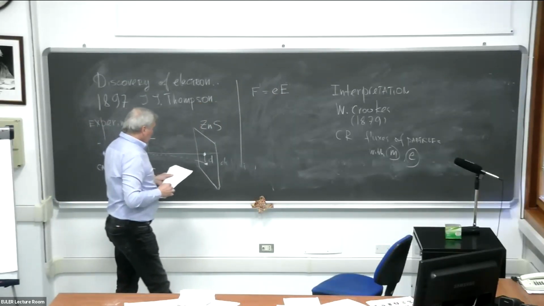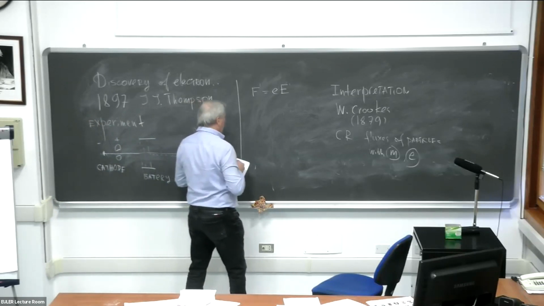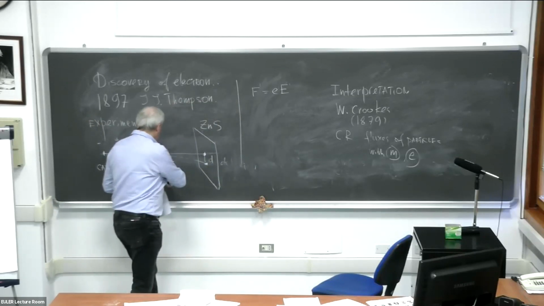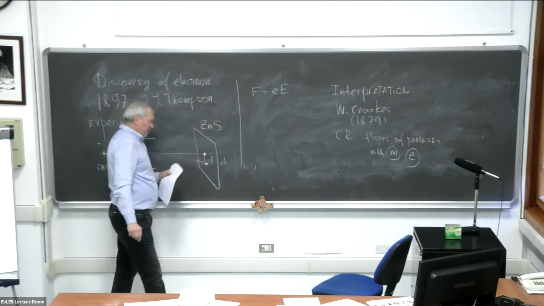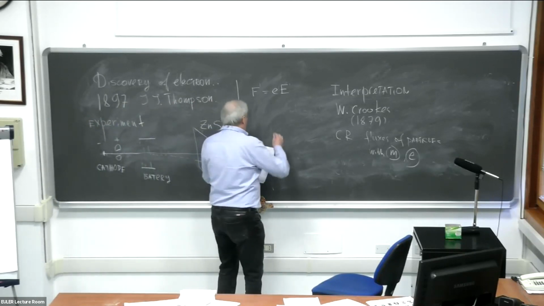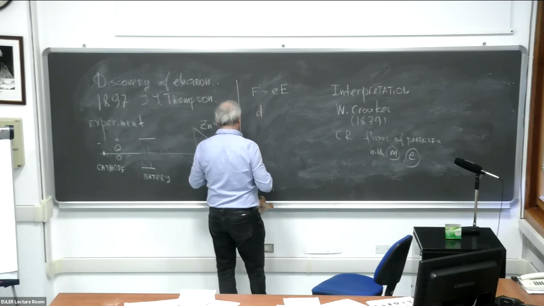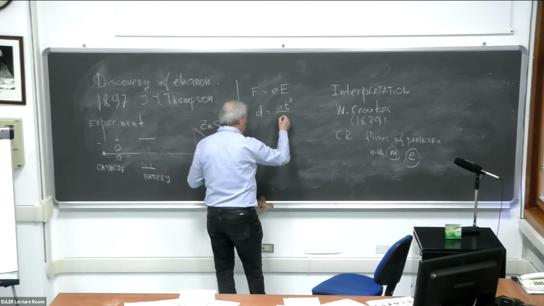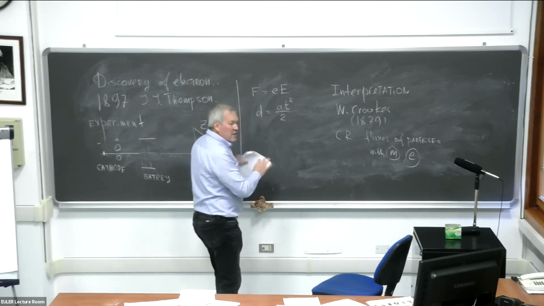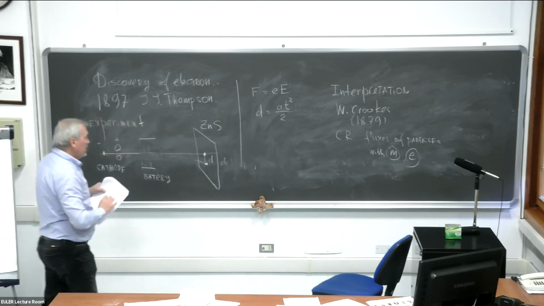Due to this force, there's a deviation; the force is in this direction, and therefore the particles are deviated in this way. And the deflection is given by acceleration multiplied by t squared over 2, for the non-relativistic case. This is a classical consideration, which actually works.